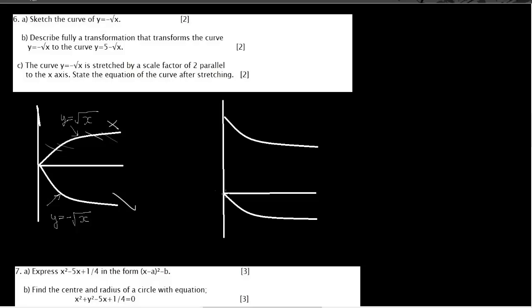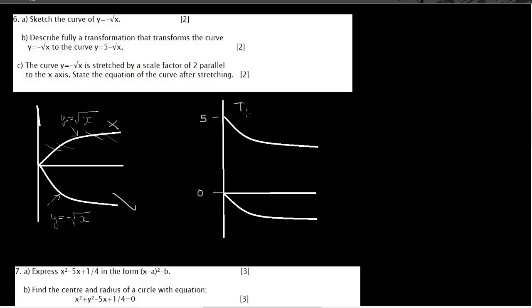And second, B says describe a full transformation that transforms the curve y equals minus root x to y equals 5 minus root x. So we go up to 5 there.